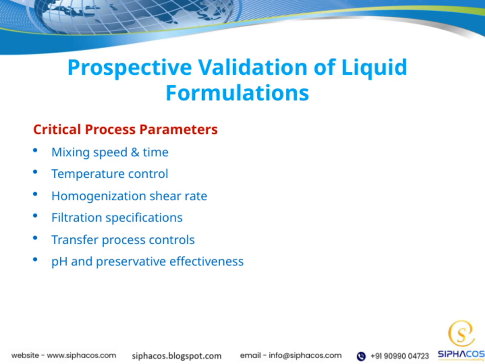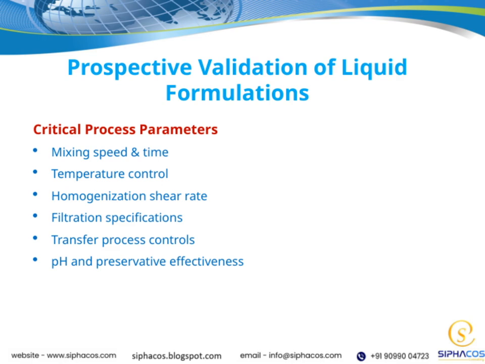Moving on to filtration specifications, these are key to removing any unwanted impurities and ensuring clarity and purity of the final product. Transfer process controls are also critical. They help prevent contamination and maintain process integrity as the product moves between different stages.